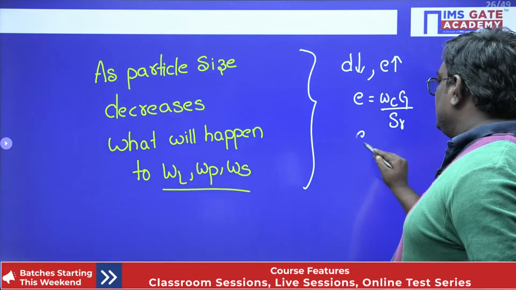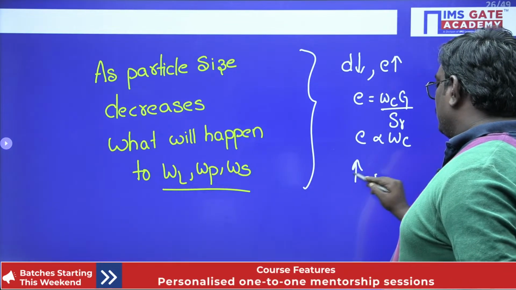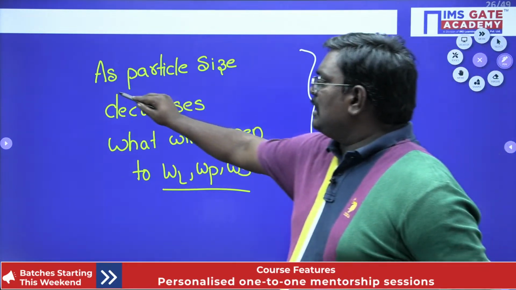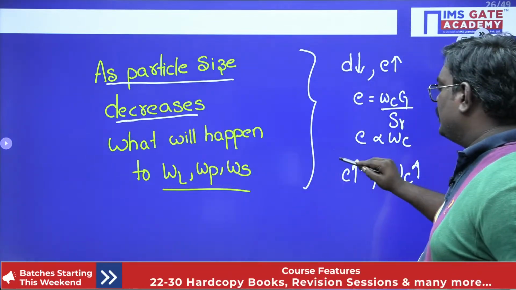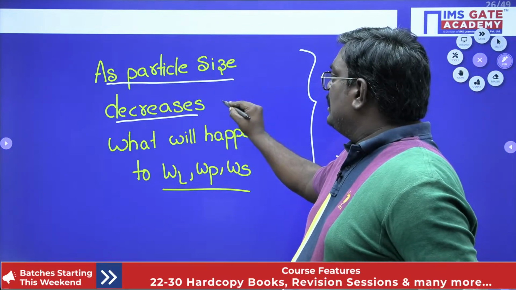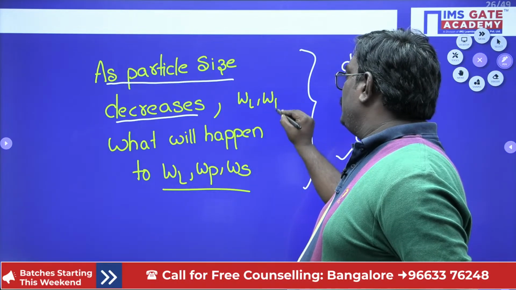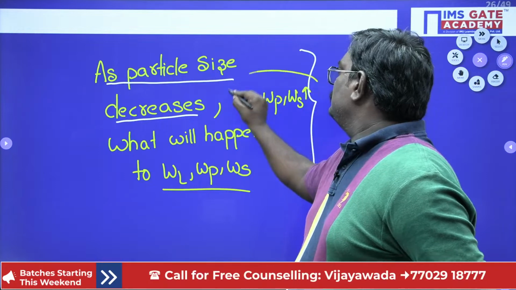So e is directly proportional to water content. As void ratio increases, water content also increases. So as particle size decreases, the liquid limit, plastic limit and shrinkage limit all increase.